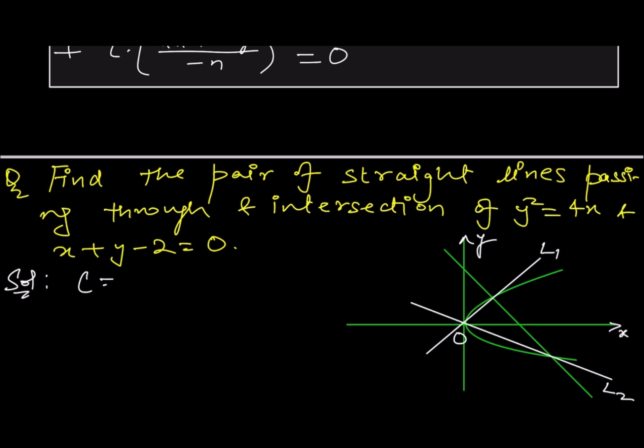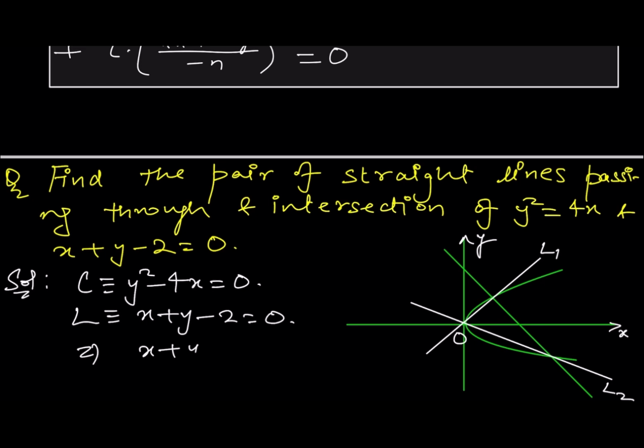So curve is y square minus 4x is equal to 0 and line is x plus y minus 2 is equal to 0. So from here this can be written as x plus y on 2 is equal to 1.